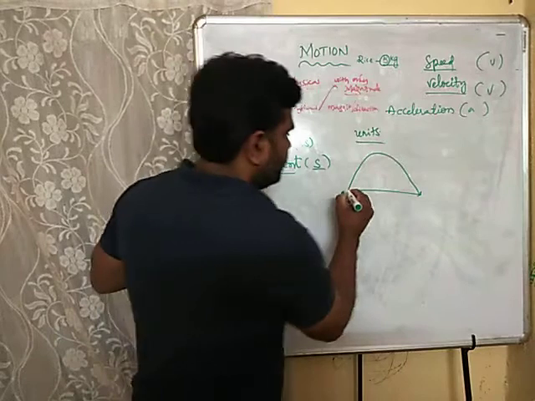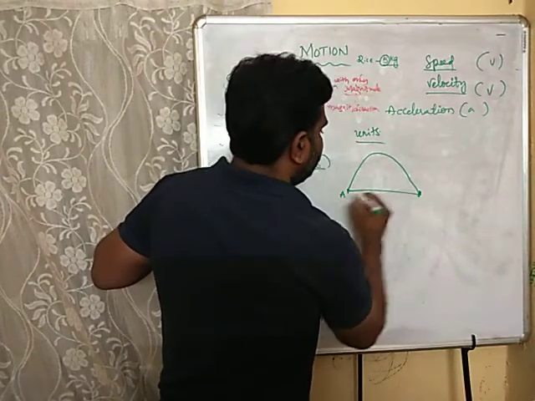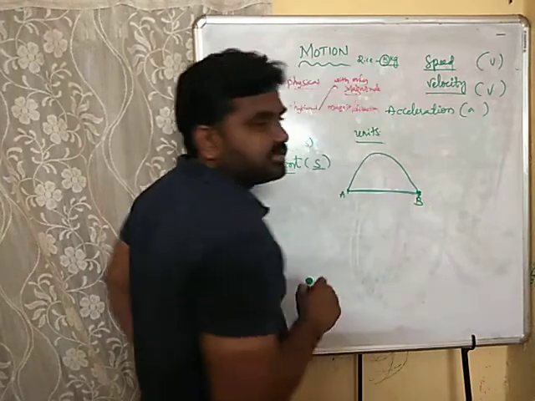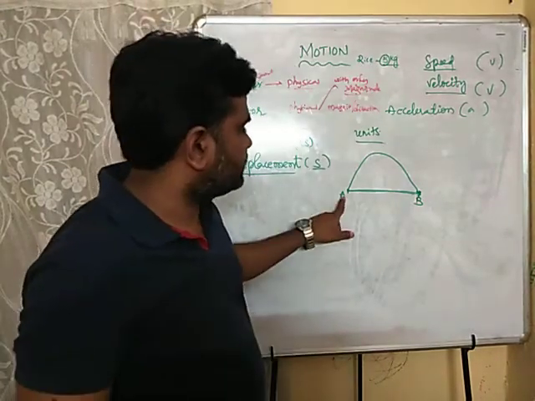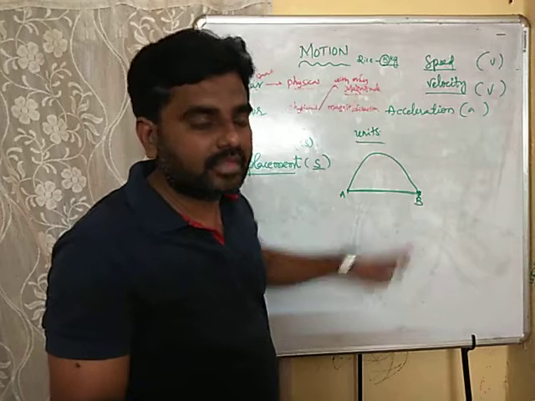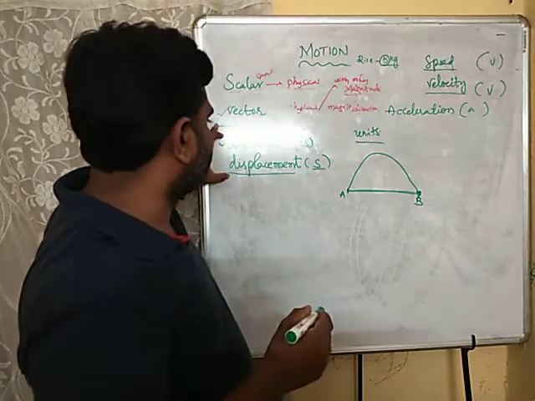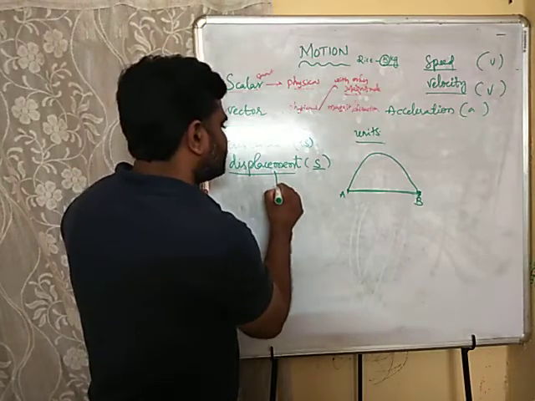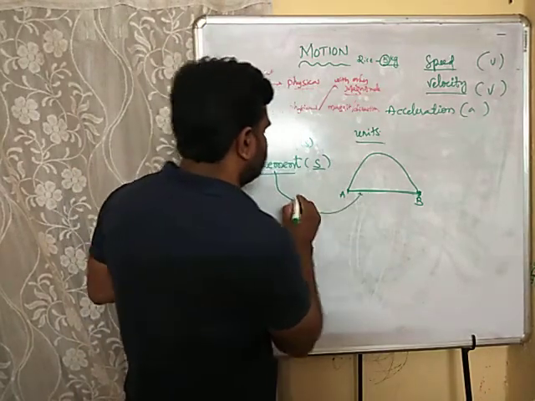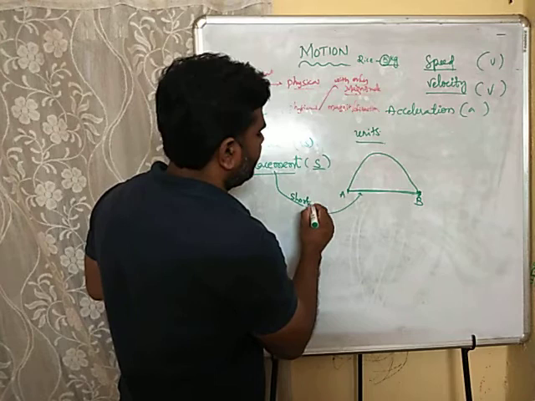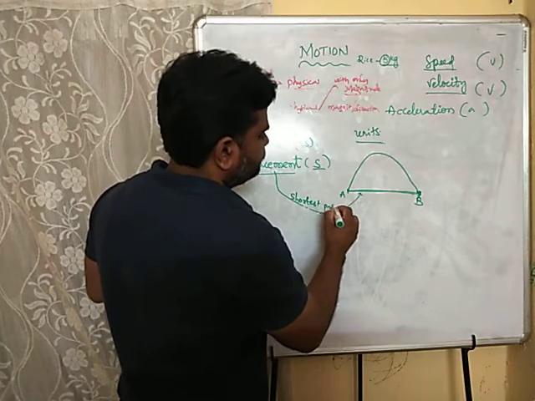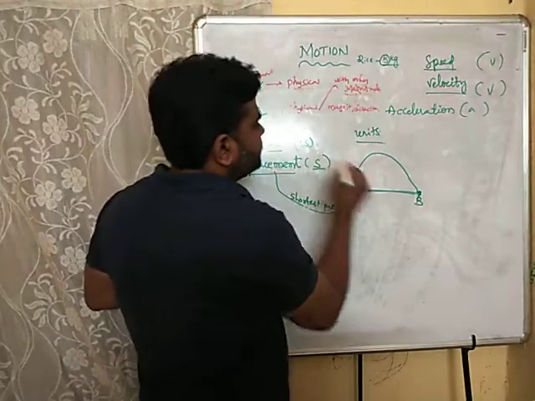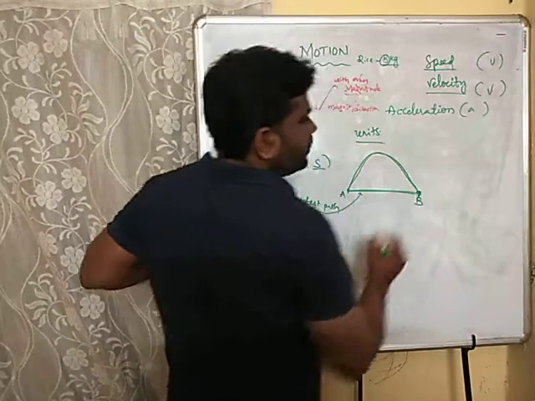Here it is A and B; for example, this is the path, A to B. How can we differentiate distance and displacement? Displacement is the shortest path covered by an object, but distance is the longest path.